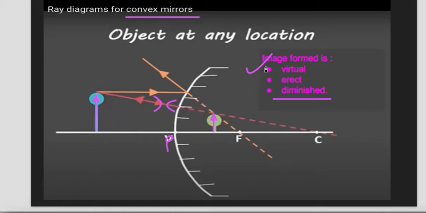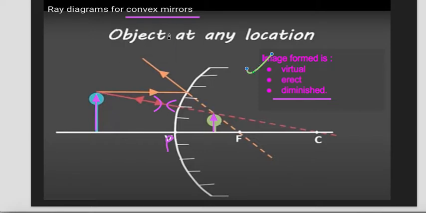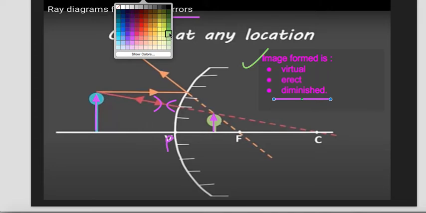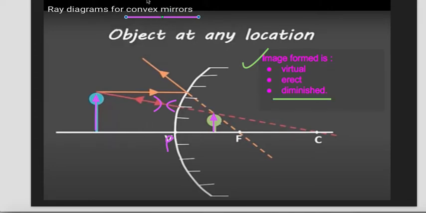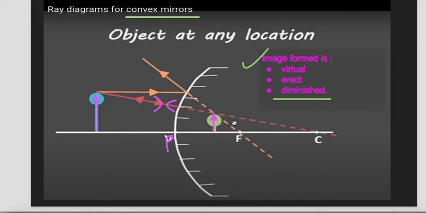Almost every time students make this mistake. I request you all to understand it nicely so that there is no confusion during the exam. When the image formed is virtual, erect and diminished, it's a convex mirror. When the image formed is virtual, erect and magnified, then it is always a concave mirror. Fine, my dear students, this part should be clear.